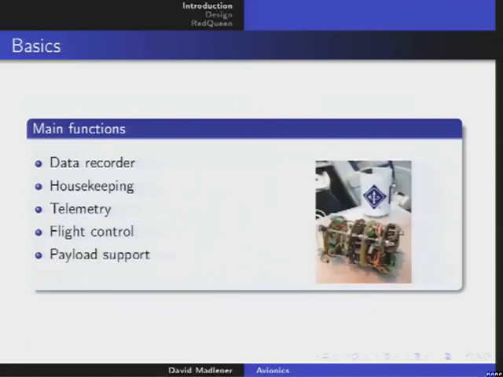So then there's, of course, payload support. Every flying system has some payload of any kind, and the avionics is normally a different system from the payload. So the payload is provided by some agency or university that wants to measure something, or, well, in the military, they want to deploy something, mostly explosive. So the avionics has to give some support to this payload.